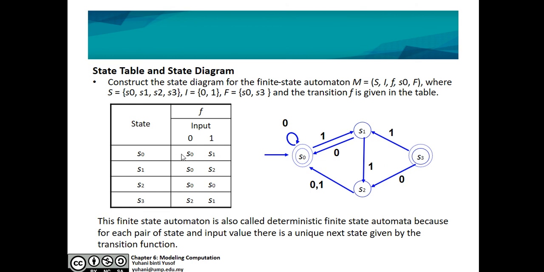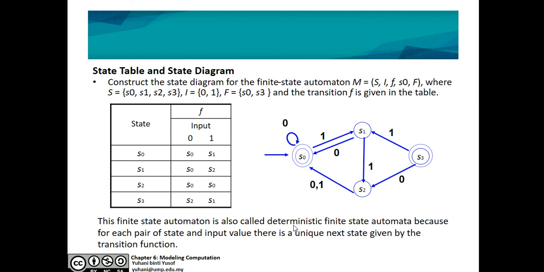This finite state automaton is called deterministic because for each pair of state and input value there is a unique next state. Okay, unique. But if I have, for example, S0 with input 0 going to S0 and S2, that one is non-deterministic because with one input it goes to 2 different states.